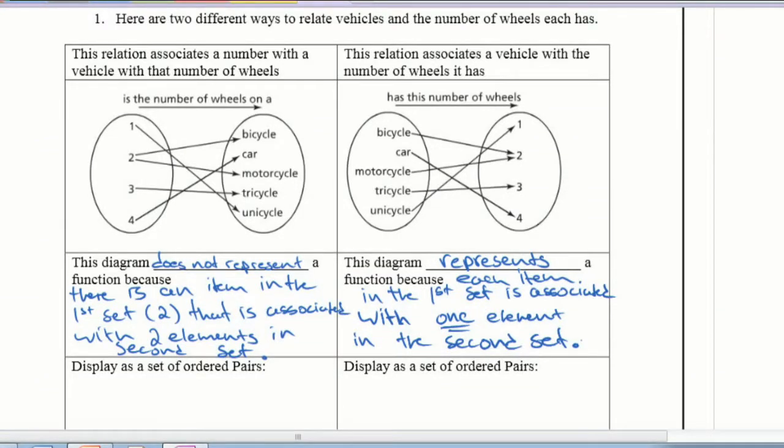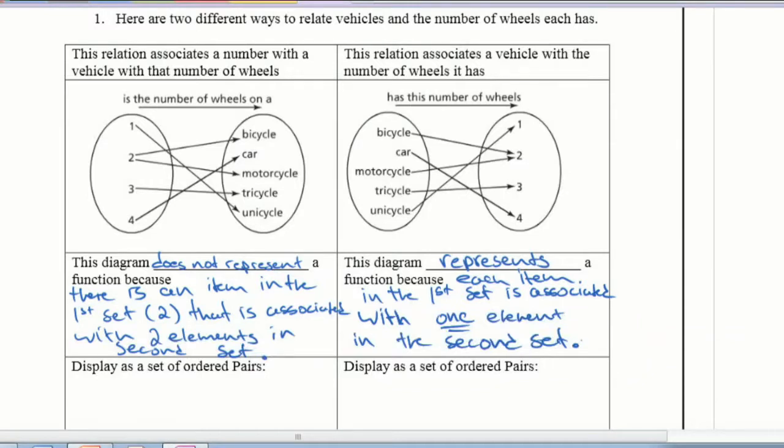So I guess the catch here is that even though bicycle and motorcycle are both referring to the same number, that's okay. But when we go the other way, the 2 represents 2 things in the second set, it's not a function.